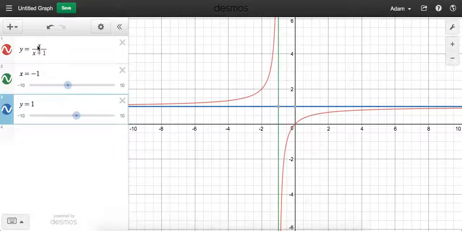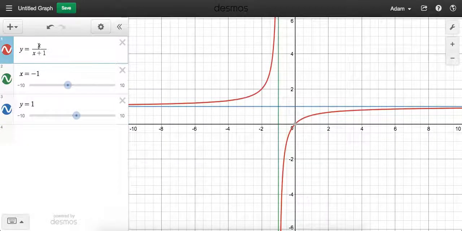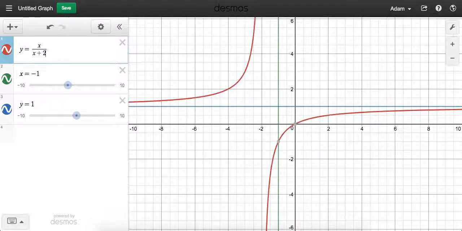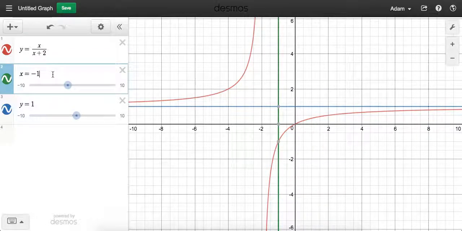And what I want to do is move some stuff around here and show you how things change. So I'm going to leave the numerator alone. Well, I'll change the denominator first. Let's make it x plus 2. Now notice that my horizontal asymptote is still valid in blue, but my green is no longer working. I need to flip that over to -2 because now my denominator would be undefined where x is -2.